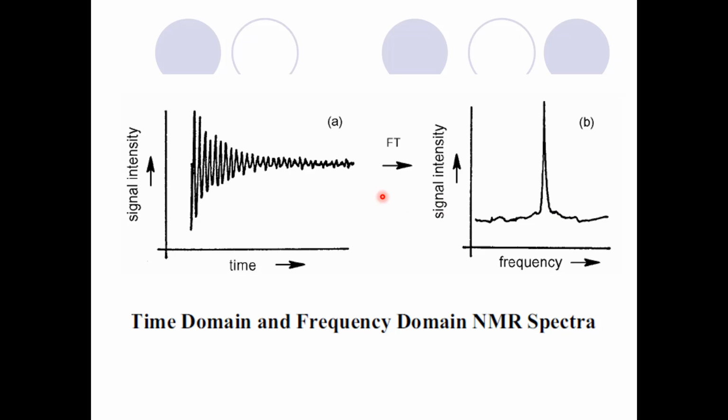The time needed to obtain 100 scans by FT NMR is only sufficient for obtaining one scan by a continuous wave machine. And because the sensitivity is directly proportional to the number of scans, this technique has a much higher sensitivity compared with continuous wave NMR spectrometers.